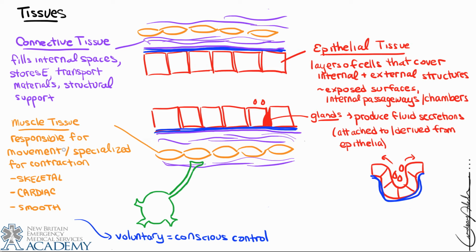Whereas if you think about digestion of food and the movement of materials through the digestive tract, you can't think about squeezing the esophagus to push food down, or squeezing the small intestine to transport materials through the tube that it is. So in those cases, there's not voluntary control, so we just call it involuntary. So skeletal muscle is under voluntary control, and cardiac muscle and smooth muscle are involuntary.